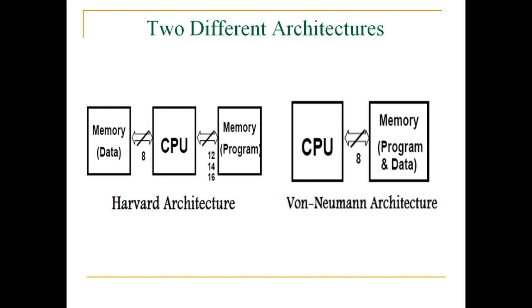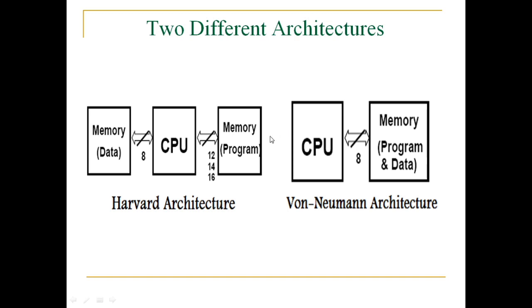So what will be the advantage? From the CPU, data can be sent through a bus directly to the data memory. That bus is known as the data bus, and through another bus you can send it to the program memory, that is known as the program bus.